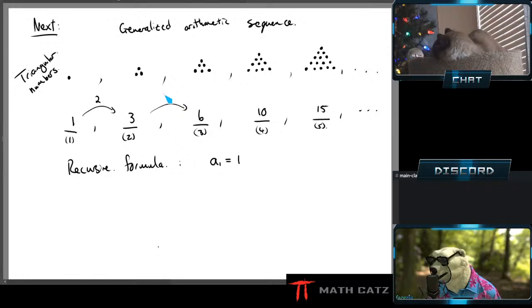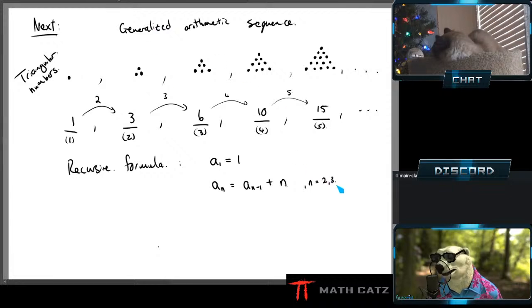To get to position 3, I added 3. To get to position 4, I added 4. Do you notice a pattern? What I'm adding is exactly the position I'm going to. So if I want to find position n, I take the previous one and add n. Now that's not going to be the same for any generalized arithmetic sequence. It's specific to this one, which is why they don't have a name. Every one's going to be a little different.